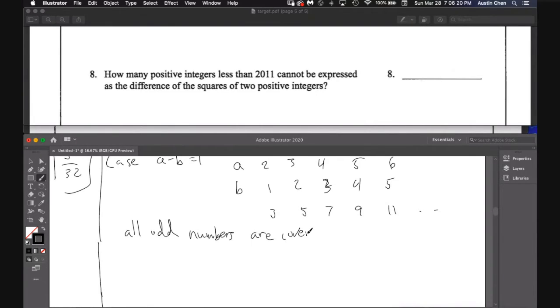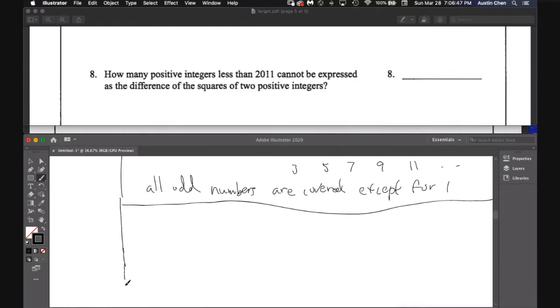And when I say covered, I just mean can be written as this. So all our odd numbers are covered except for one, the positive integer 1. Okay, so that's a step.